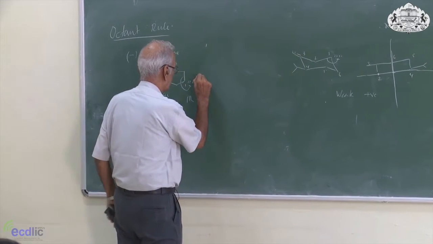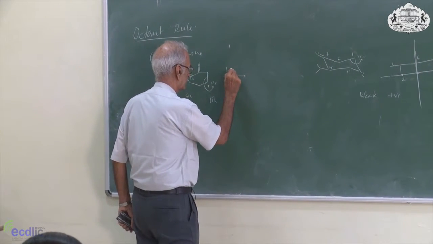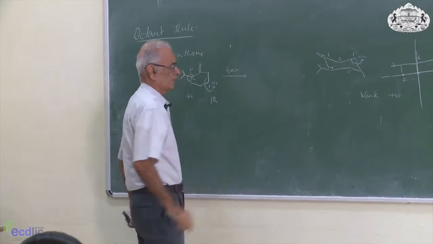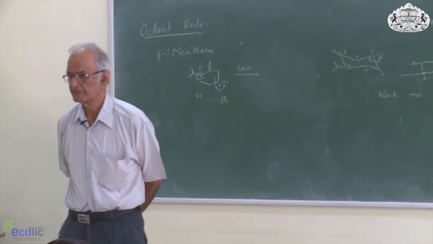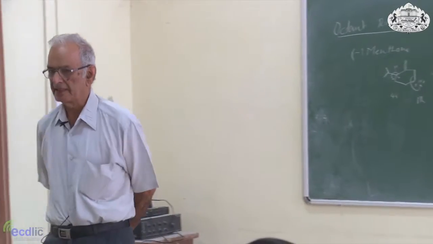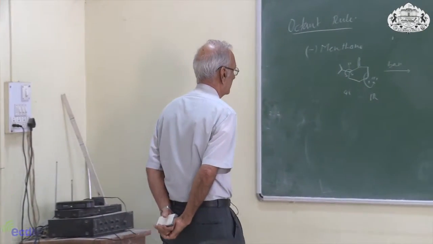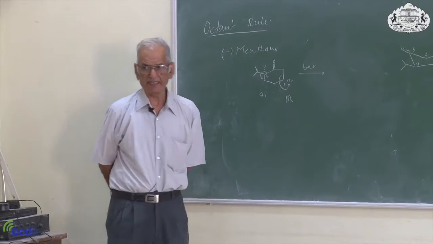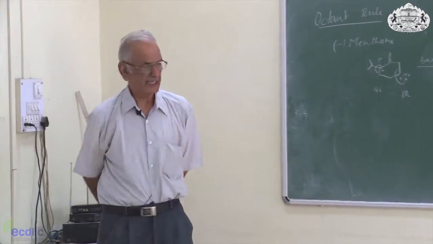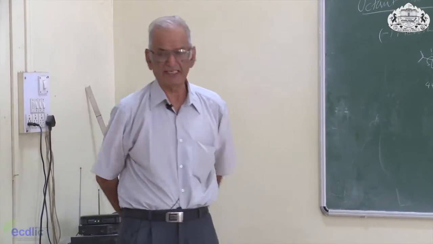When I treat minus menthone with a base, it gets converted into a mixture of the starting compound and an isomer. Where will the change take place? Will the change take place at carbon number 1? Will the change take place at carbon number 4? Yes?